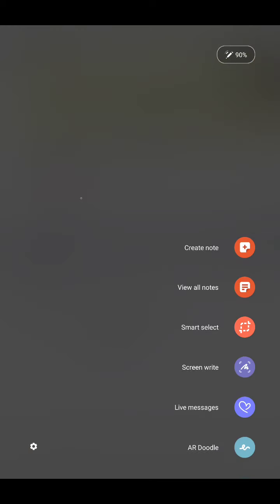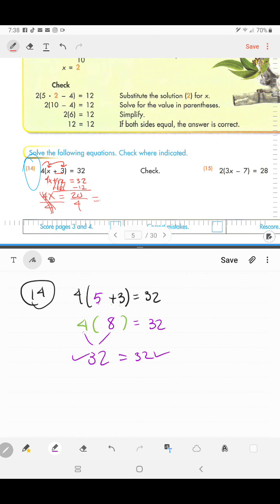Divide on both sides, which is 5. Plug in your answer where x is. This is 8. 8 times 4 is 32.